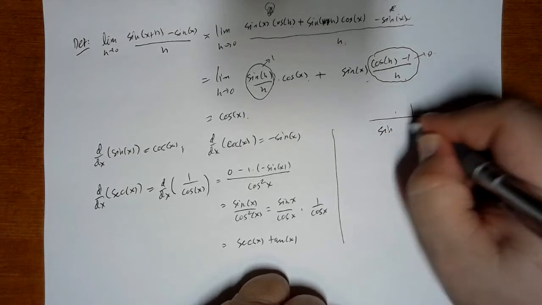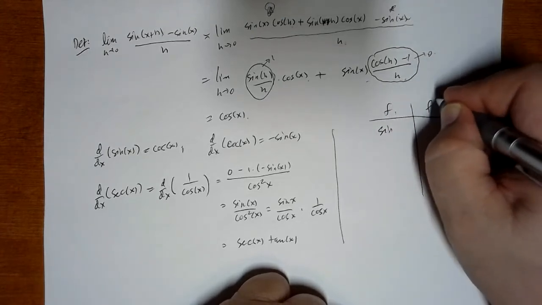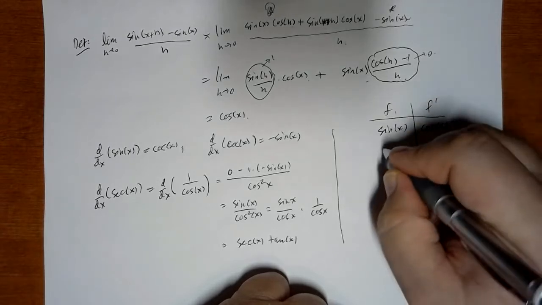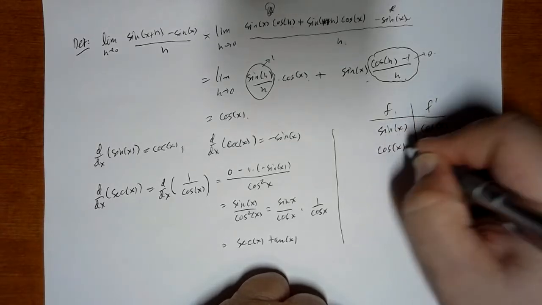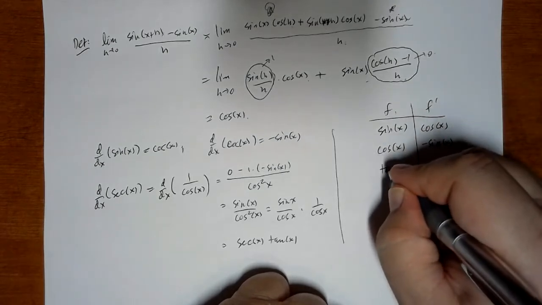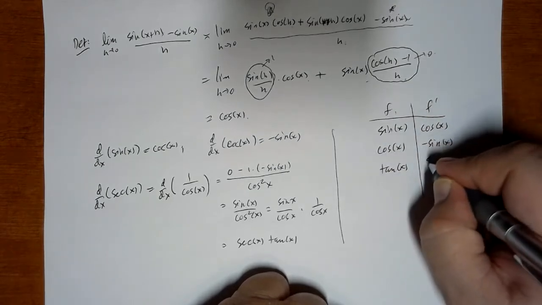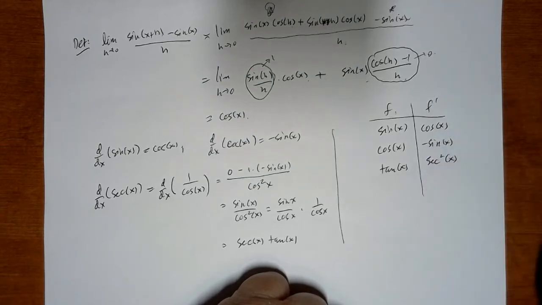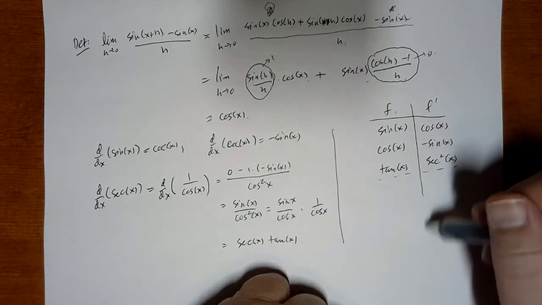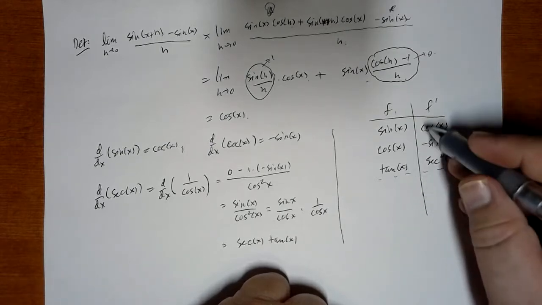Derivative of sine, I'm going to be building a table. Derivative of sine is cosine. Derivative of cosine is minus the sine. Derivative of tangent is secant squared. I'll let you prove that. And now we look for the other three trig functions.